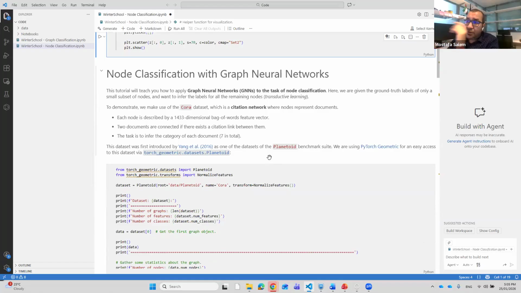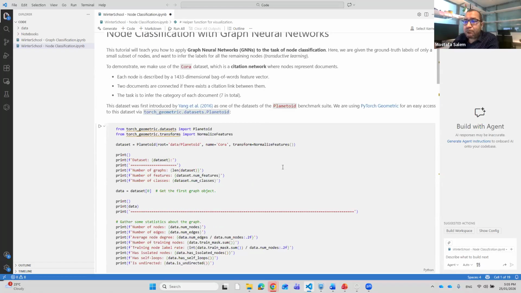So this is the graph. Each node represents a document or publication. Each node will have 1,433 features. This is the information I will store for each node in the graph. Two nodes in this graph will be connected if one of them cites the other one in the research community.